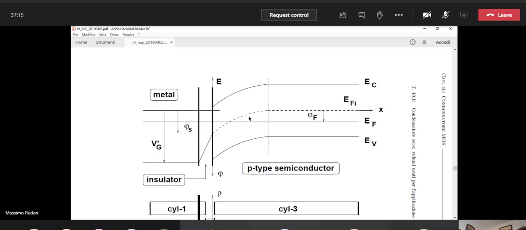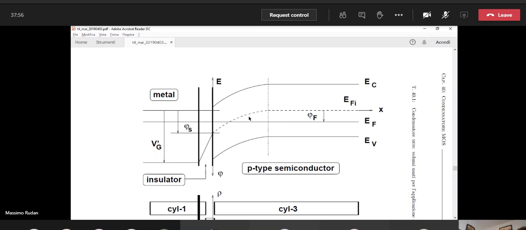Okay, so qualitatively, in this case, we expect that the application of a positive voltage on the left will push the holes away from the surface, from the interface between insulator and semiconductor. So the holes will go to the right, and they will leave behind a region in which the holes have left, so to speak. The electrons are not so many because the material is of the p-type.